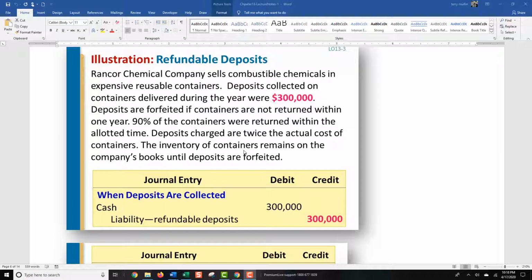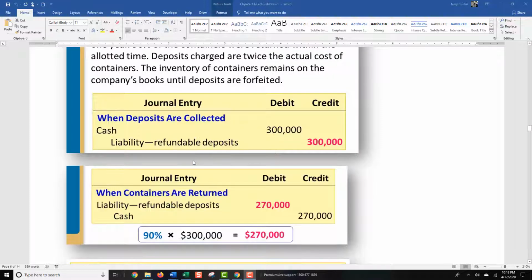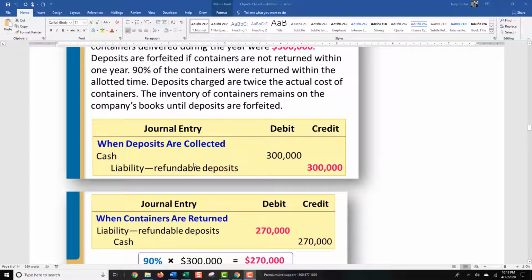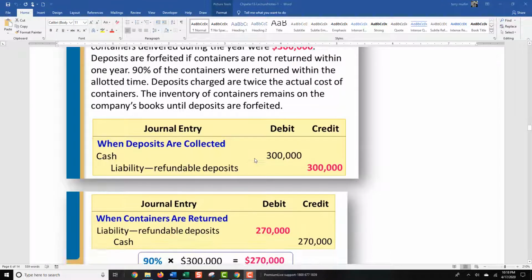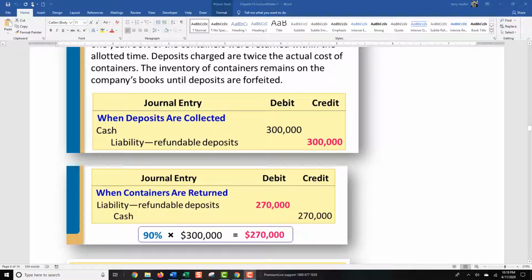The inventory of the containers remains on the company's books until the deposits are forfeited, right? So when the deposits are collected, they collected $300,000. So they get the cash, but they have the liability that when people bring back the containers, they have to give that money back.